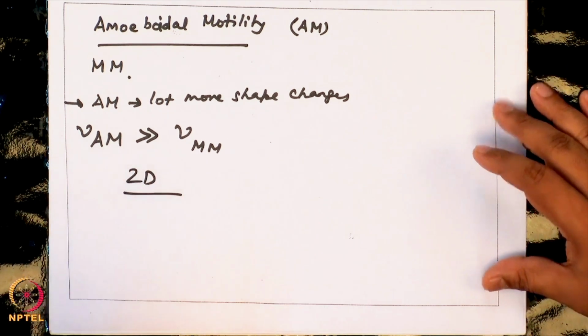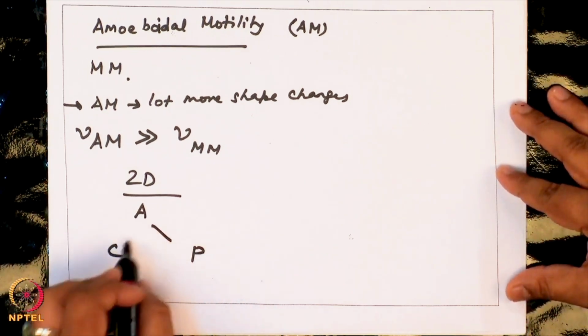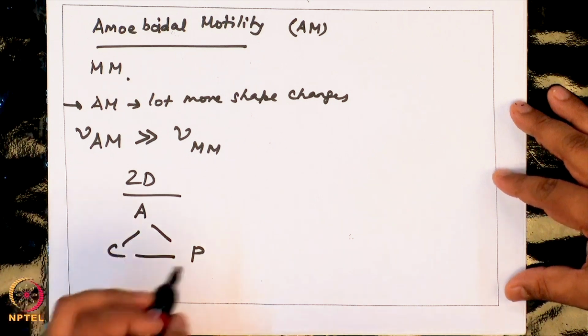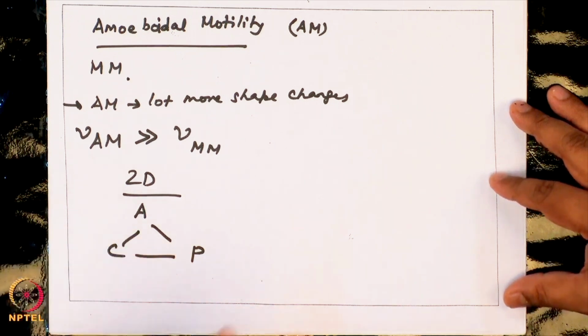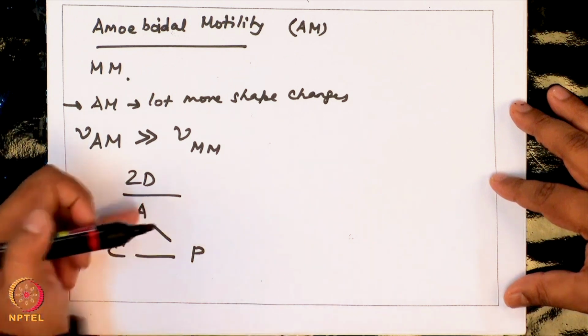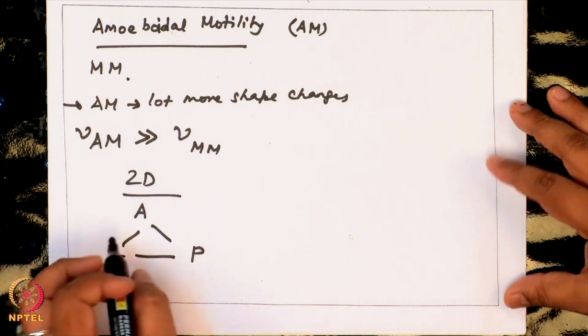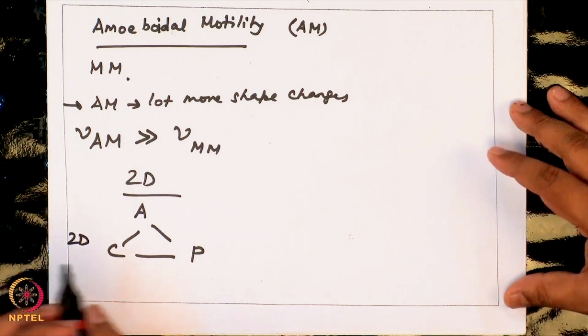2D I said that there are 3 different possibilities. You might have ACP, where just like mesenchymal migration, cells protrude, send actin based protrusions, stabilize the protrusions and use contractility to pull the cell forward. So, this is just 2D normal mesenchymal migration.